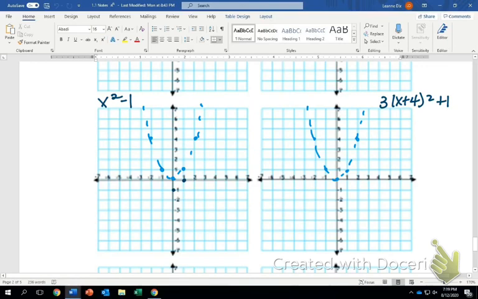So example 3, letter B's, I went ahead and since they were both quadratic functions, I put their parent function already. And remember, if you want to see what the ordered pairs are for that, just go back to the beginning of your notes. So in example 3.1b, our function is x squared minus 1.